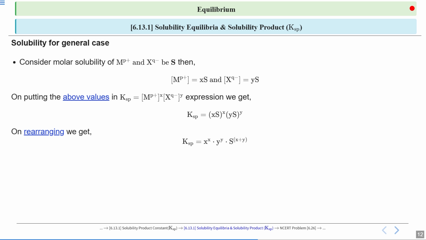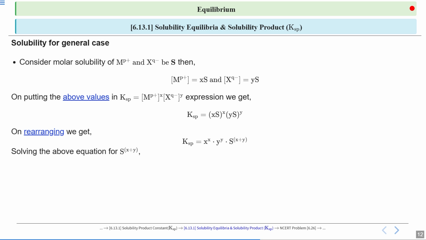If you open the bracket, the small x will go onto x as well as S. Similarly, for the y term, the y will go onto y as well as capital S. Further, we get the complete formula as Ksp is equal to x raised to the power x, y raised to the power y, and S raised to the power x plus y.